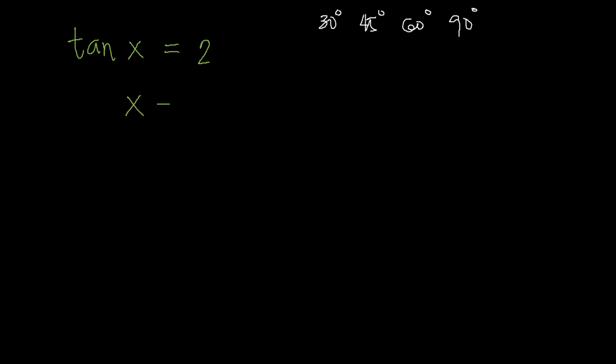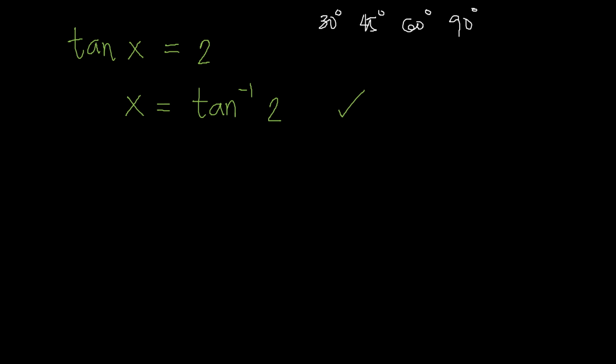So x is equal to arctangent of 2. Or you can remove this parenthesis, then you have arctangent of 2. Therefore, this is the only value of x that can satisfy that equation.